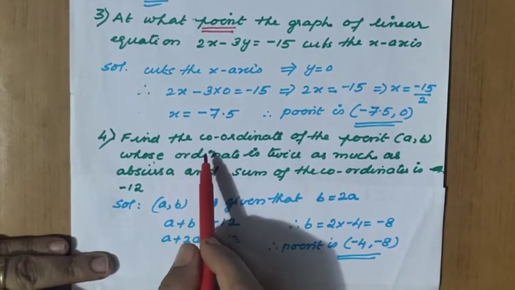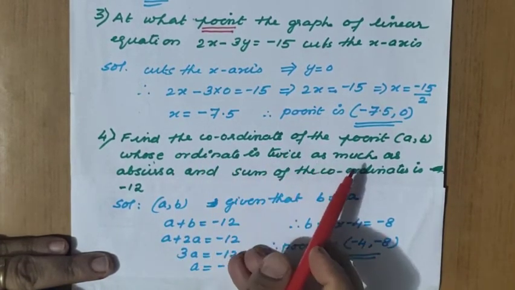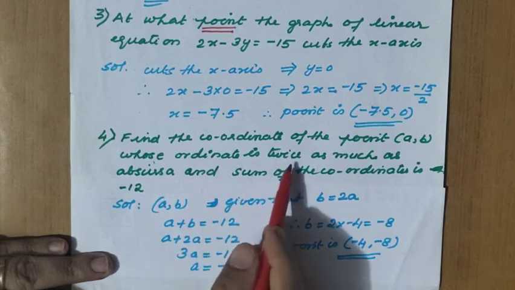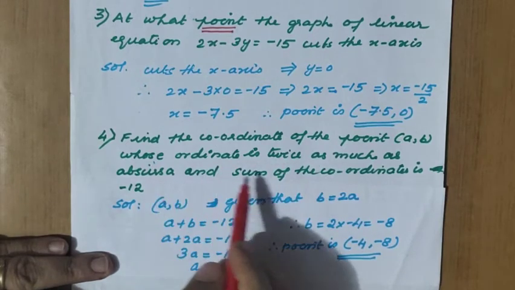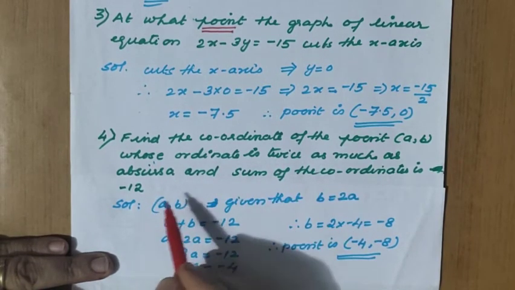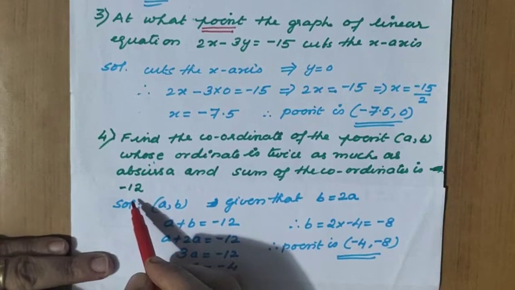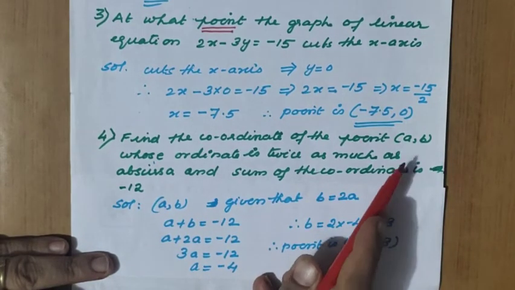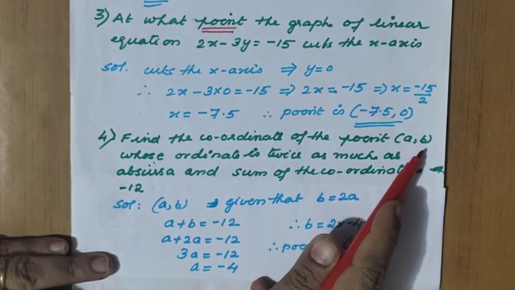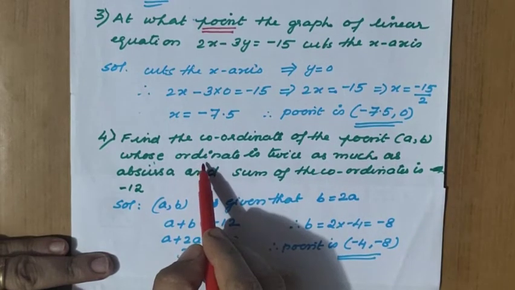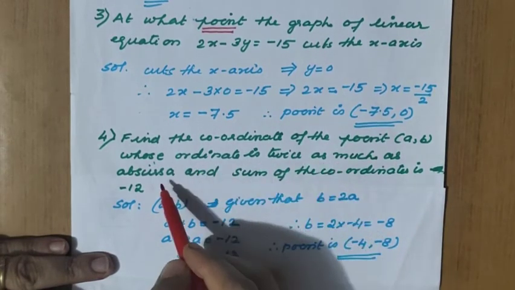Next question: find the coordinates of the point (a, b) whose ordinate is twice as much as its abscissa, and the sum of the two coordinates is minus 12. Sum of the coordinates means a plus b equals minus 12. But what condition is given? Ordinate is twice as much as abscissa.